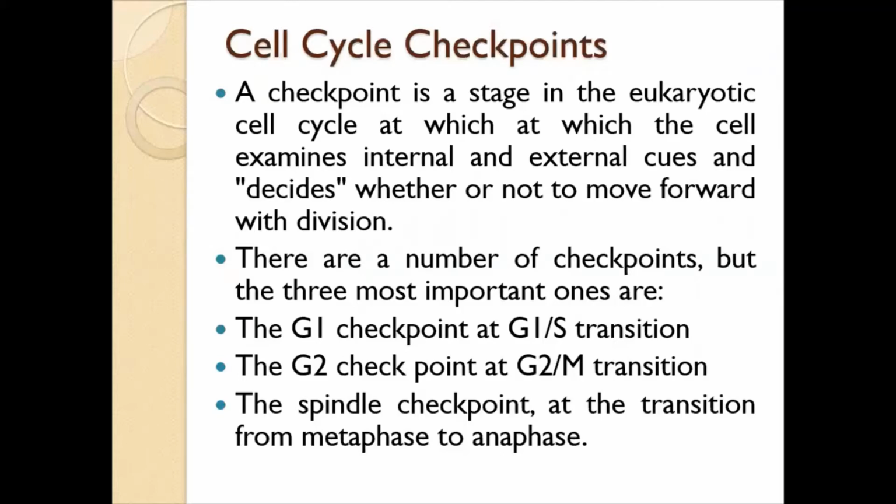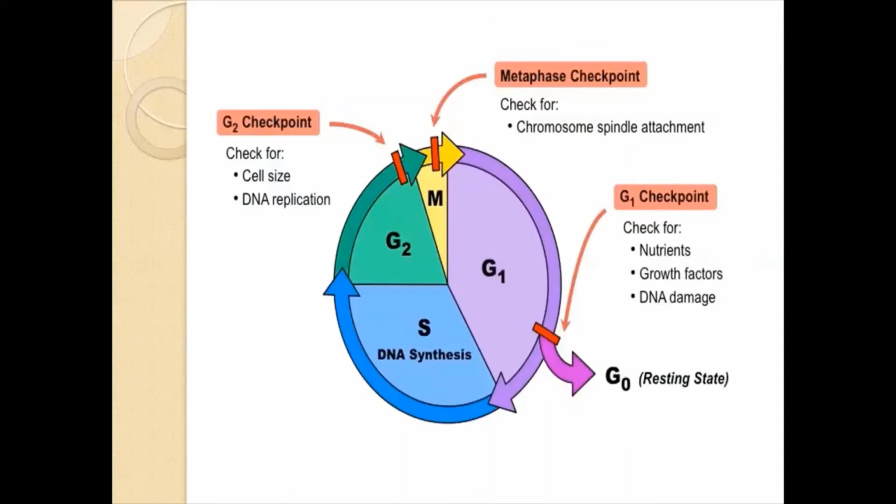The G1 checkpoint at the G1/S transition, the G2 checkpoint at the G2/M transition, and the spindle checkpoint at the transition from metaphase to anaphase. So this is a pictorial view of the different checkpoints. We will first discuss the G1 checkpoint, and in this checkpoint the cell looks at the status of nutrients, the status of growth factors, and whether any DNA is damaged or not.